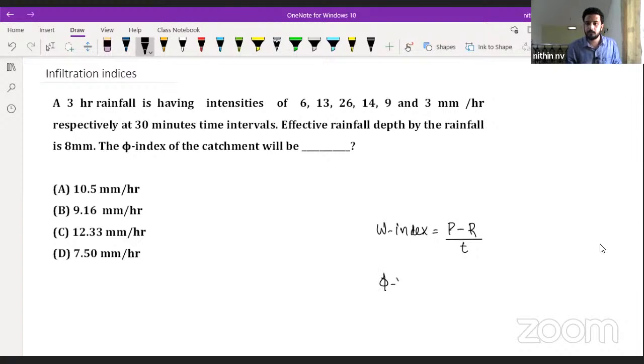Now what is the difference between this W index and phi index? Nothing but we are not going to select the entire P value. We'll only select those precipitations which are producing the runoff.